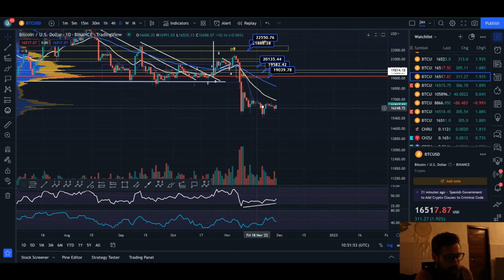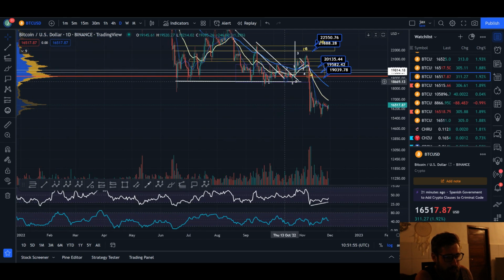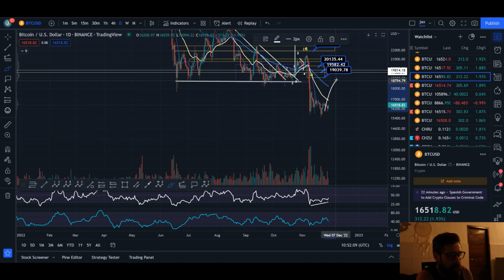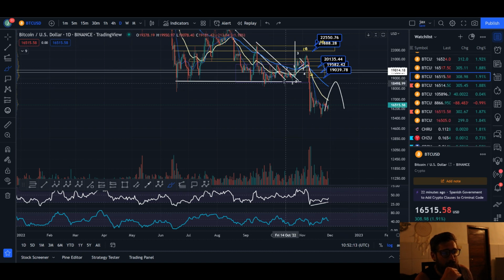We can push right back up and retest this level, as you can see, we fell straight through this level of support, now flipped to resistance. So often when you fall straight through like that, you'll push back up for a retest. You'll bounce to retest before seeing continuation to the downside and creating lower lows and lower highs for the price of BTC.